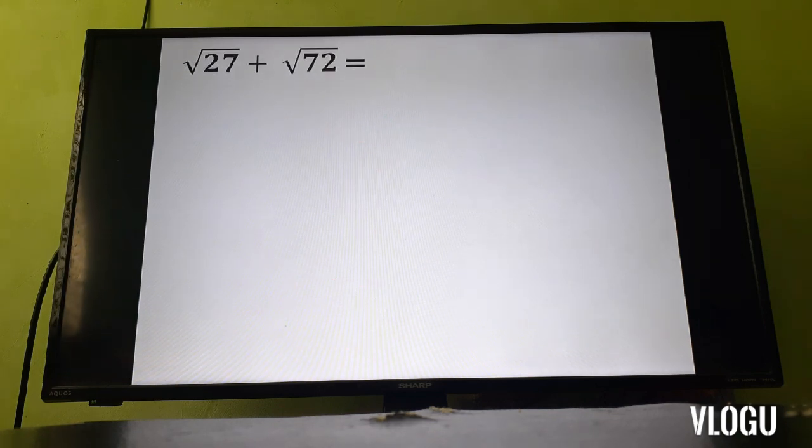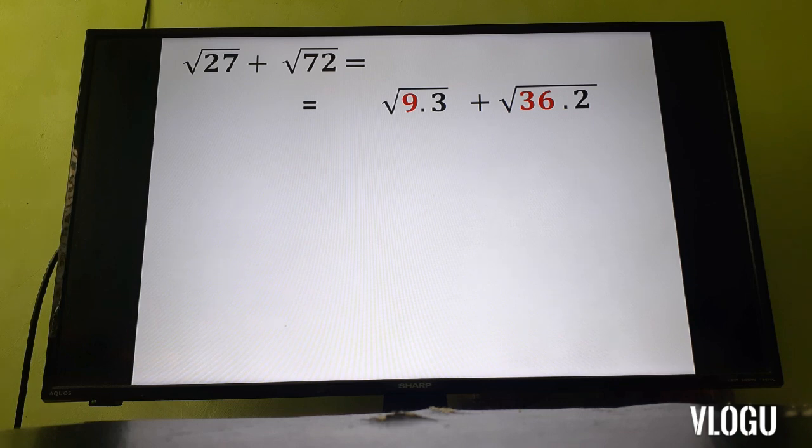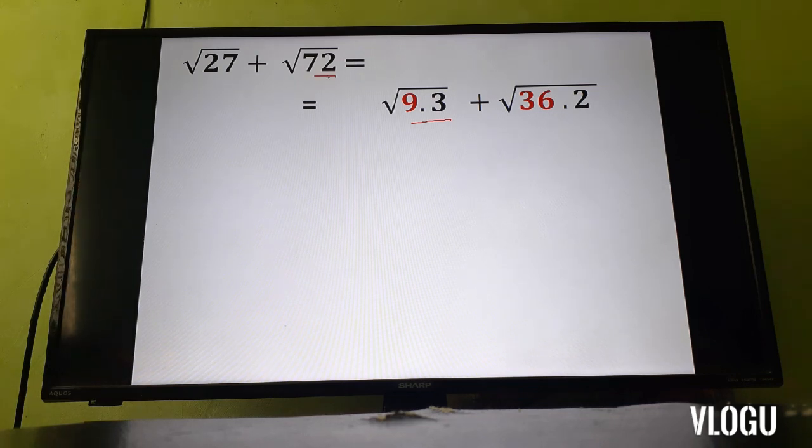Let's have example number 4. I have here the square root of 27 plus the square root of 72. Tulad ng nabanggit natin, unang-una, we are going to factor out 27. Ang factor ng 27 is 9 times 3 is 27. And we have the factor of 72 na meron pong possible perfect square, which is 36 times 2.